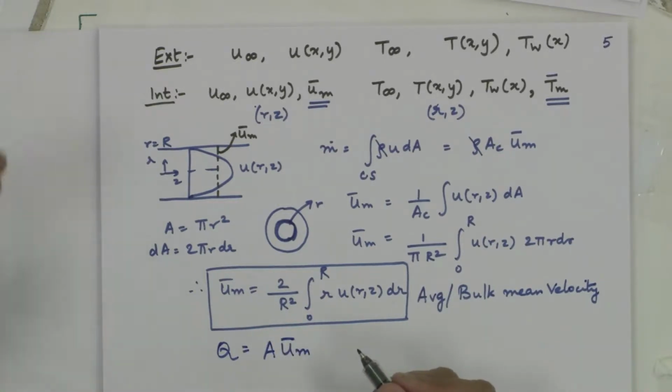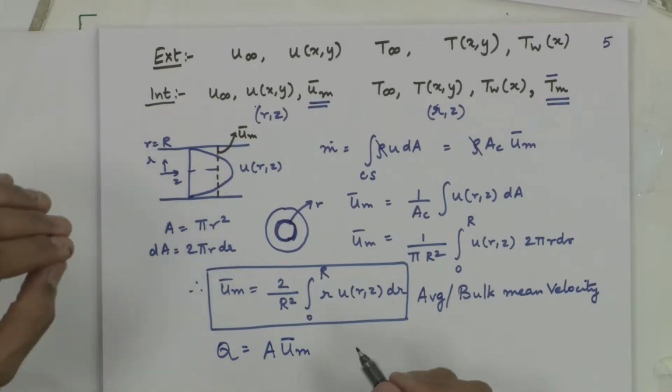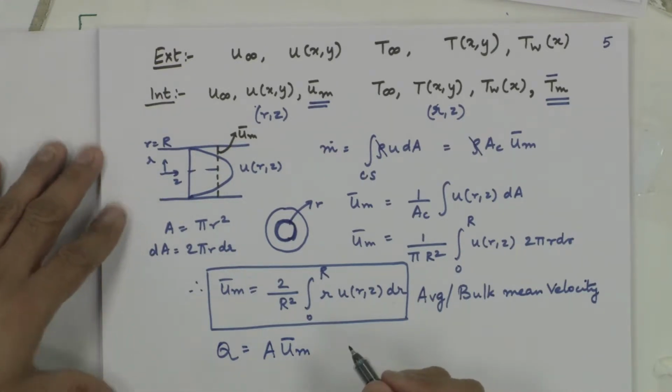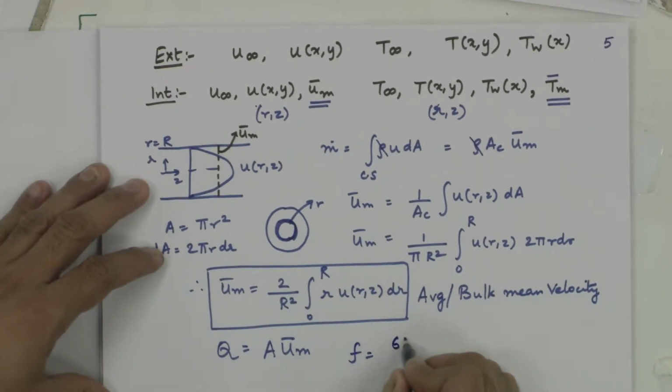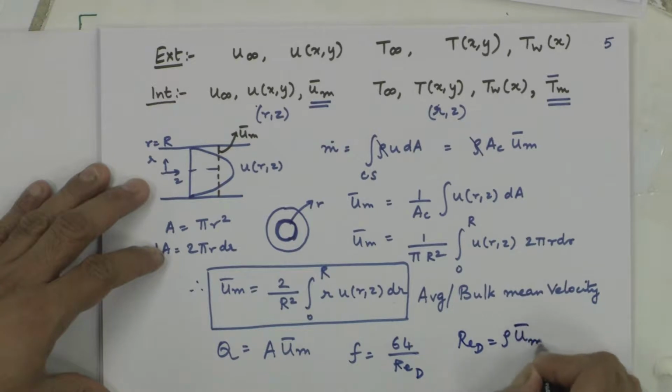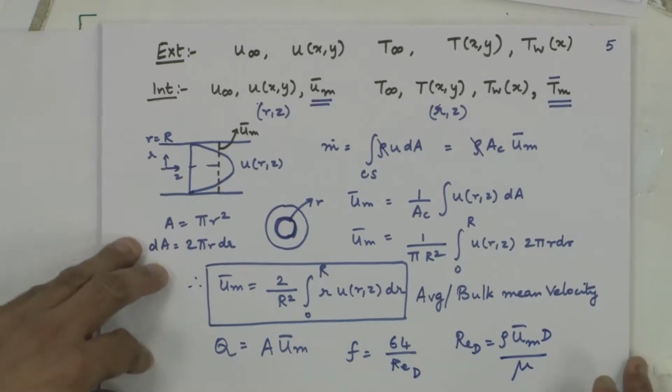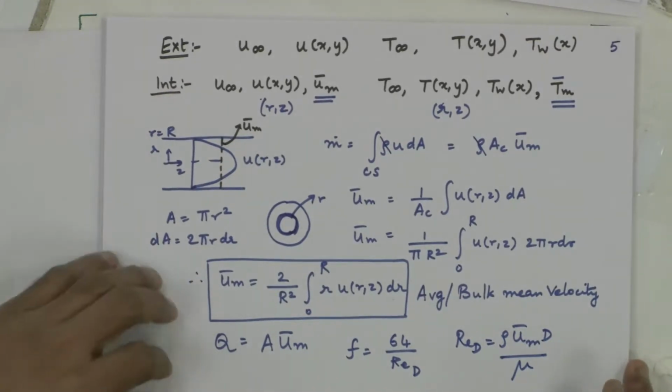Okay, mass flow rate is rho A u m. When I want to calculate quantities for friction factor, if you remember, laminar flow is 64 by Re for a pipe flow. This Re definition would be rho u bulk mean D by mu. So, in these definitions you have this average velocity.